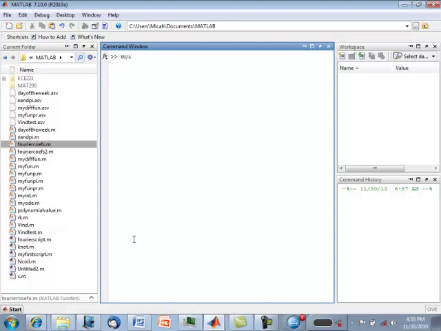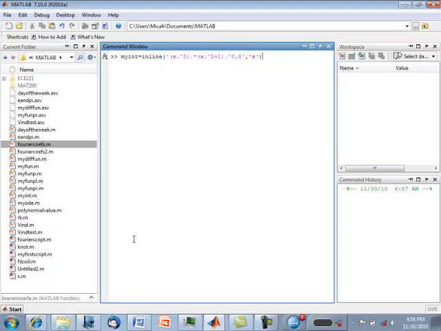So we'll define this integrand to be x raised to the 5 times (x raised to 2 plus 1) all raised to the 0.5, and defining that this is a function of x. And so you have to notice, of course, that we use the dot operators to evaluate this.